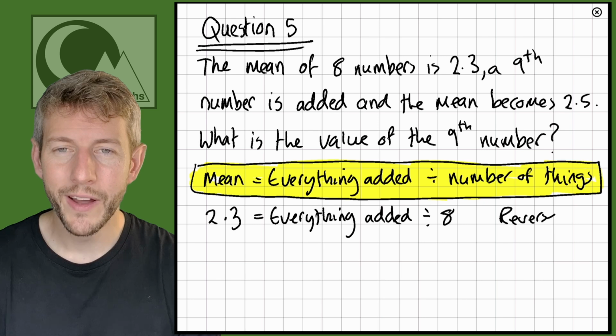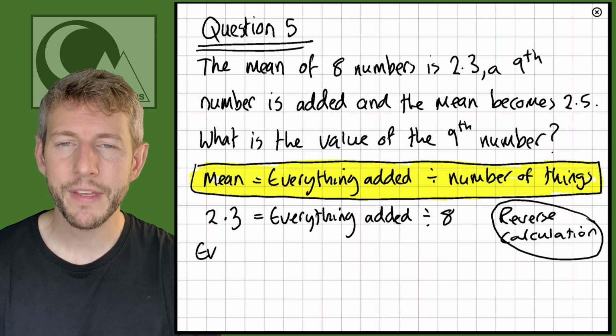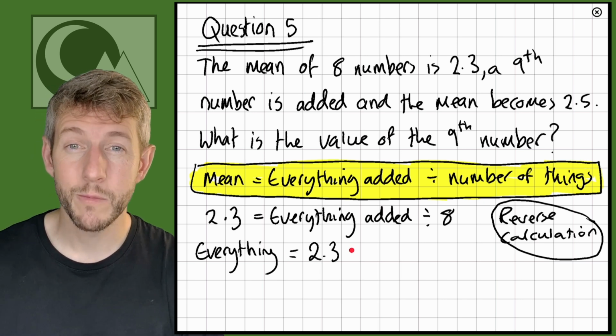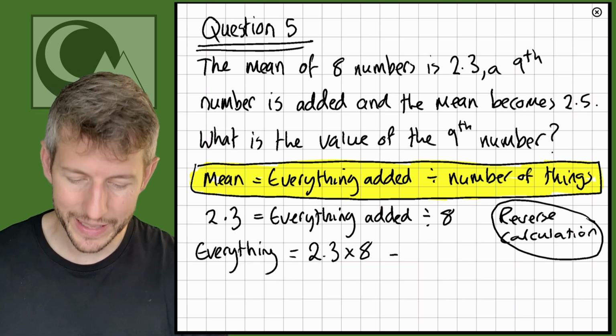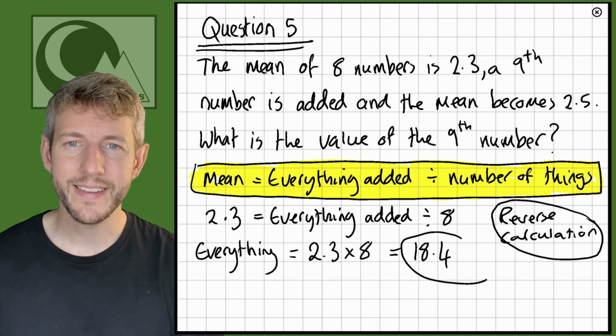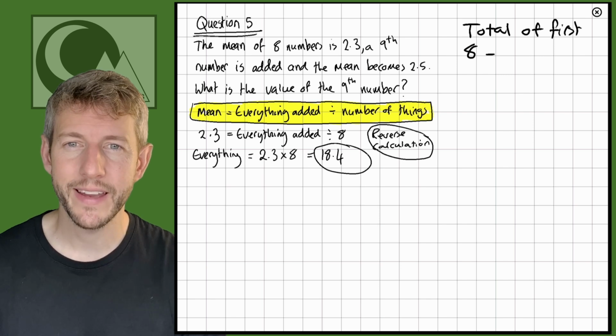Now, we know because of our reverse calculation that everything added together has to equal 2.3 times 8. So I'm going to do that on my calculator. So now I know that everything added together equals 18.4. So I'm going to write that down here because this is the total of the first 8 numbers.